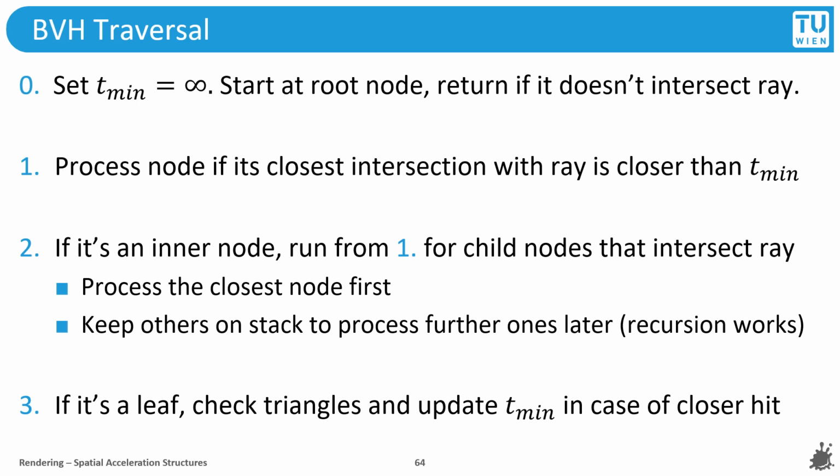So we do not have to allocate a specific stack for that. We can simply use the program stack if we program this function recursively. If it is a leaf node, however, we check all the triangles contained within and update the closest intersection distance T min in case of a closer hit.